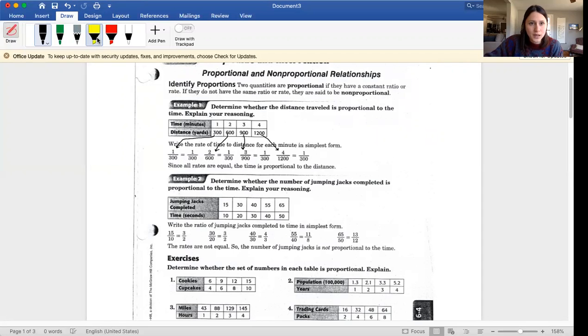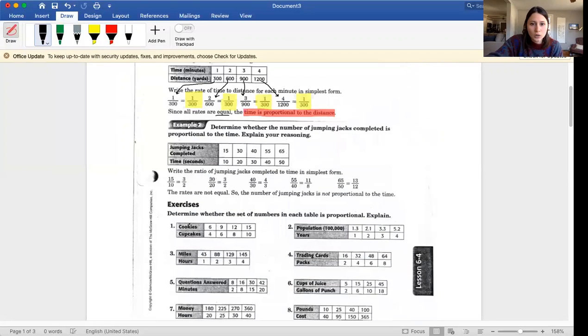And when we simplify, we realize they all reduce to 1 out of 300. So then our rates here are all equal. They're simplified and equal. And so we're going to say that these sets of numbers, the time to distance, is proportional.